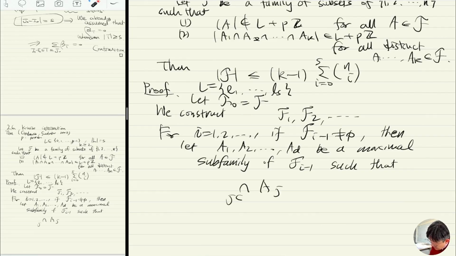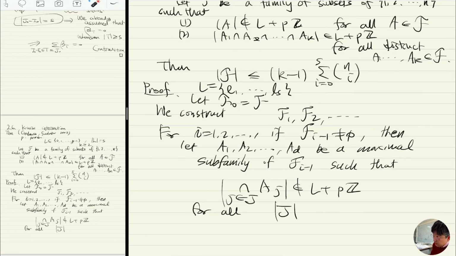I want to choose a maximal subfamily such that whenever I take the intersection of a few members, whenever I make an intersection of some of them, the cardinality is not in L plus pZ, for all J which is a non-empty subset of 1 up to d.